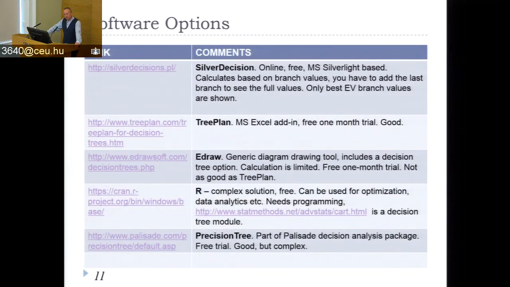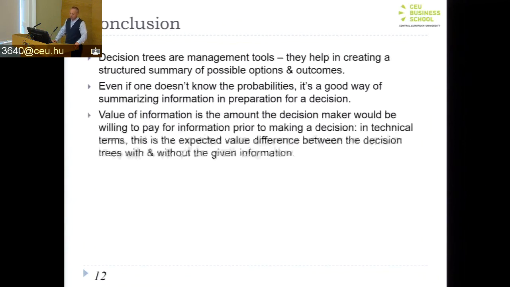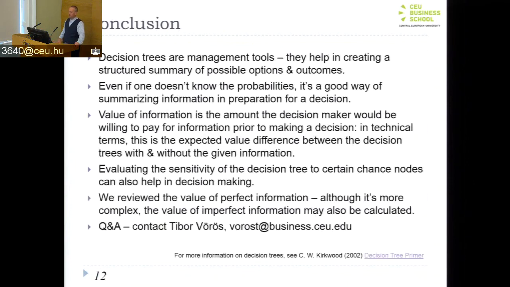Okay, yeah? The next question is, how can I learn more about decision trees? My prime recommendation would be, once again, I was trying to find a free resource for you that you can use after this short presentation. So if you go to the link that I provided at the bottom of the page or in the PowerPoint presentation, this is a freely available book.